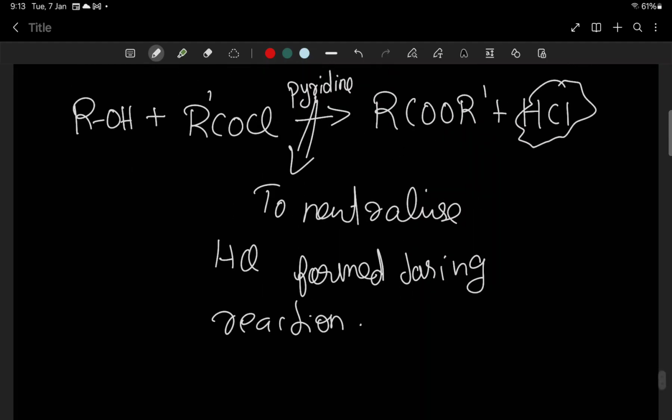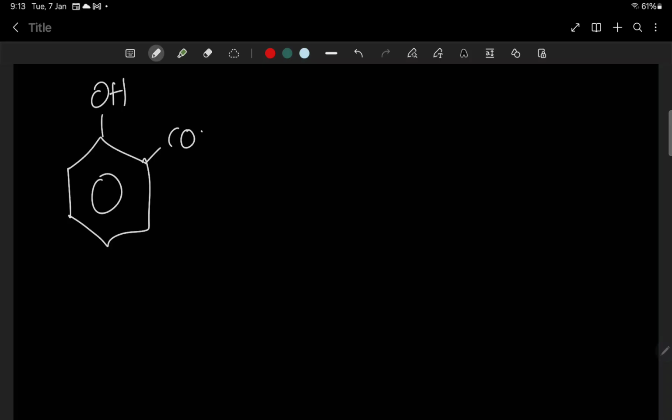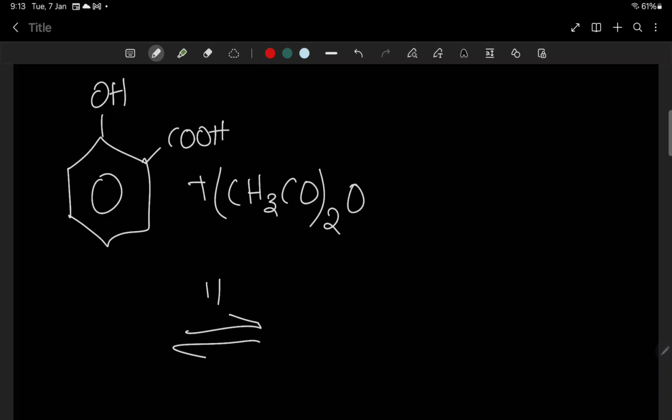Okay, perfect. Now I am taking salicylic acid. Salicylic acid is this, with OH and COOH. Into this I'm adding acid anhydride, (CH3CO)2O, in H plus medium. What happens here? For sure the OH will be converted to ester, if I am not wrong.